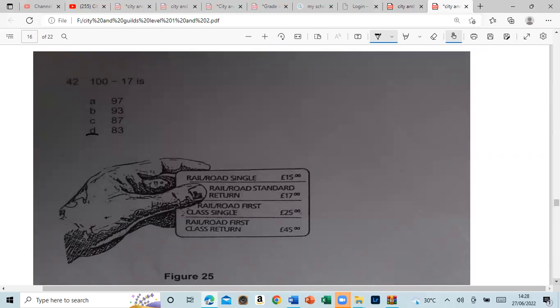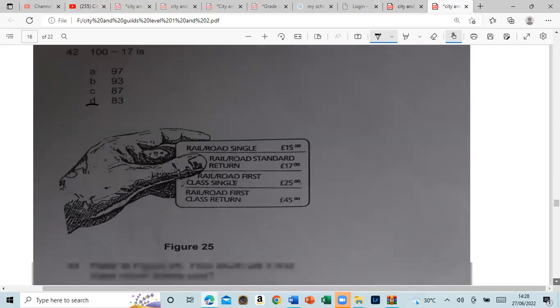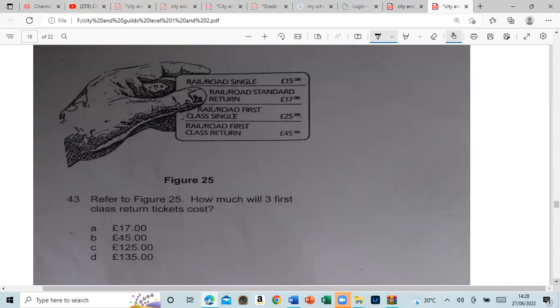Figure 25, railroad single 15 pound. Railroad standard return 17 pound. Railroad first class single 25 pound, and railroad first class return 45 pounds. All right. Refer to figure 25. How much will 3 first class tickets cost?